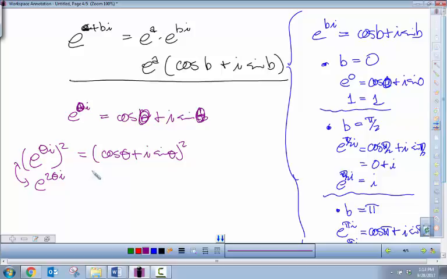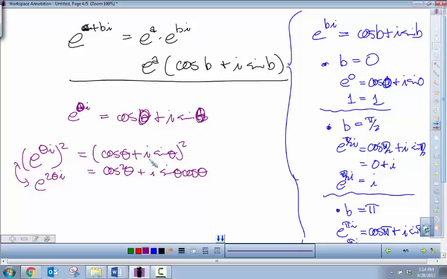So here we get to practice a little bit of complex multiplication. This is cosine squared theta. That's the first term. FOIL. First term outside. So the outside would be cosine theta plus i times sine theta. Right?